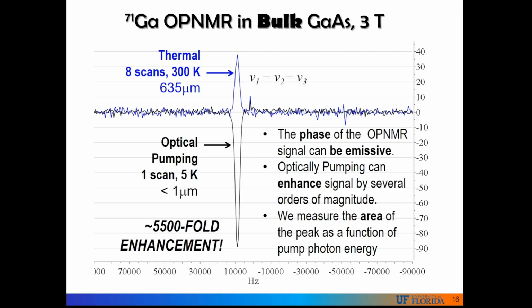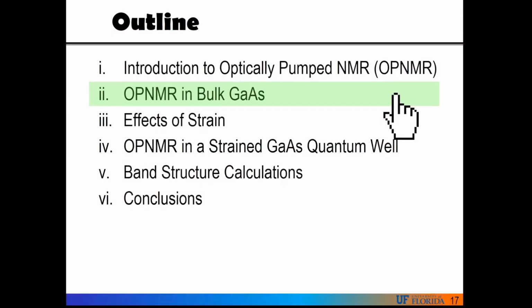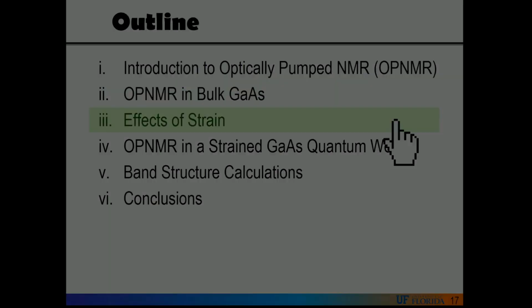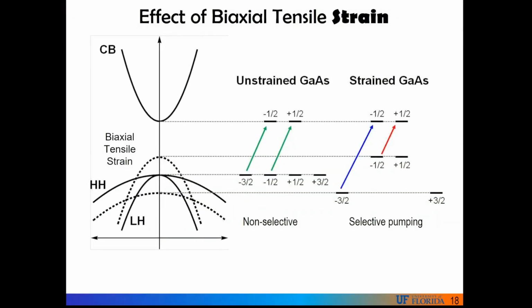But you'll see the negative phase is distinctive of the optical pumping effect. The signal is quite strong, and this is like a 4 micron layer here. What we do is measure the area enclosed by the peak, typically plotting that as a function of the photon energy.